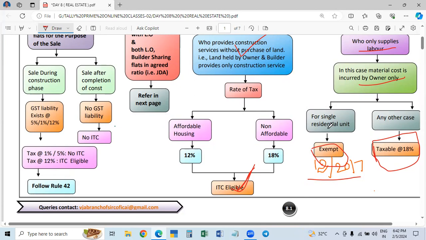But it is treated as a single residential unit when the landowner is the owner of all the floors. The total house, all the floors, I am the owner. In such case, it is treated as a single residential unit.